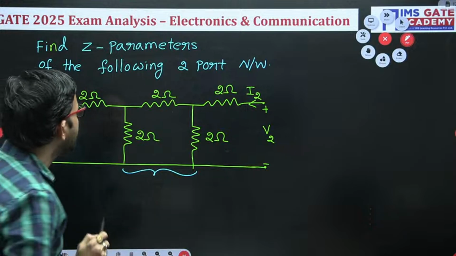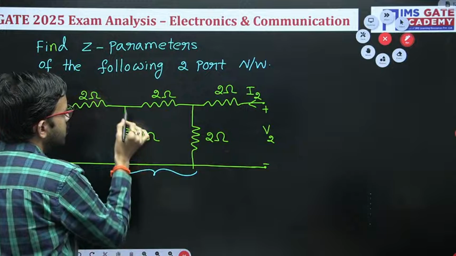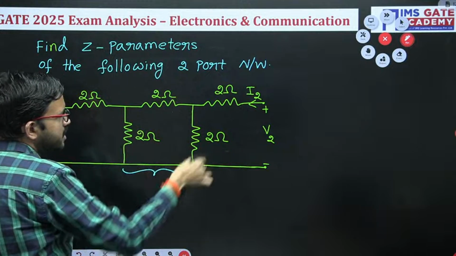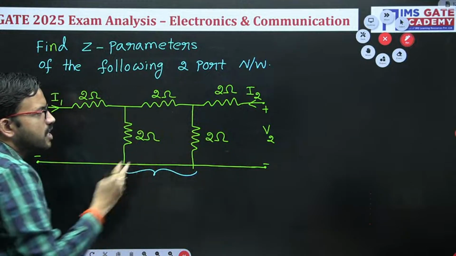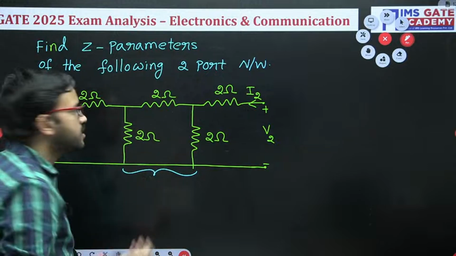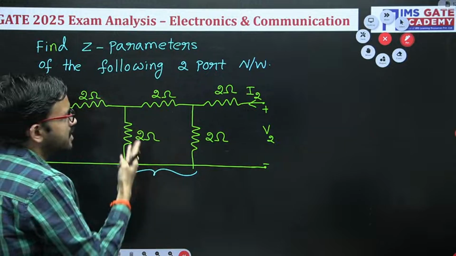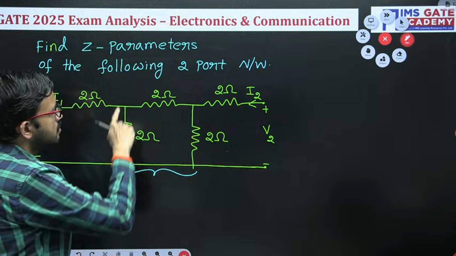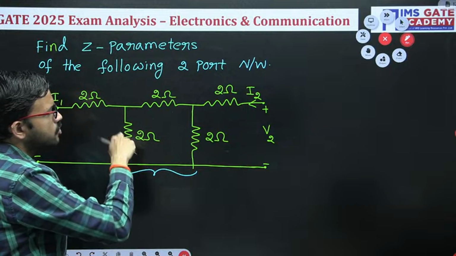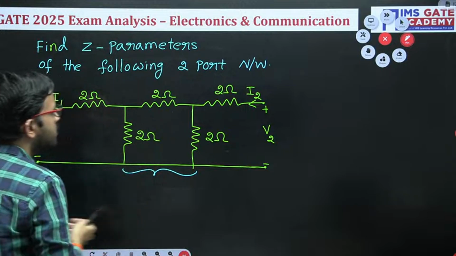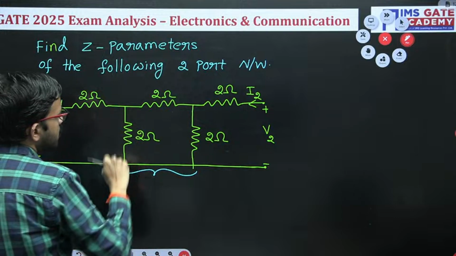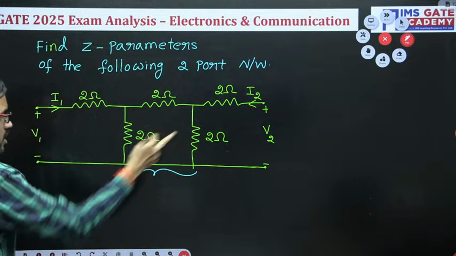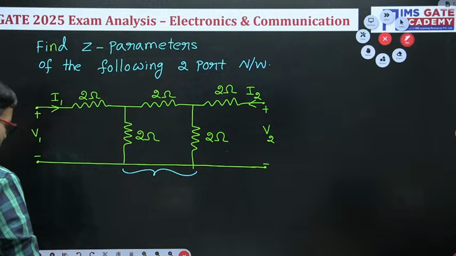It is a simple question. First of all, for the internal network you have, you can apply delta to star, or otherwise delta to pi. Here delta and pi network are all one and the same.